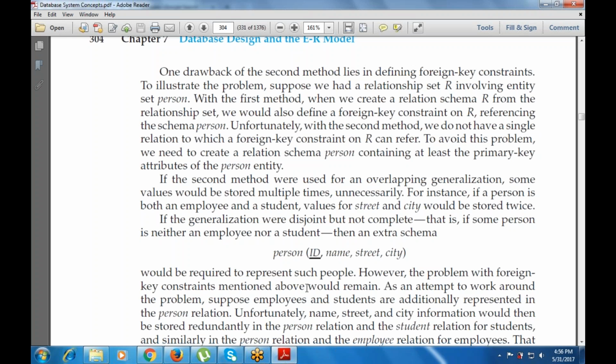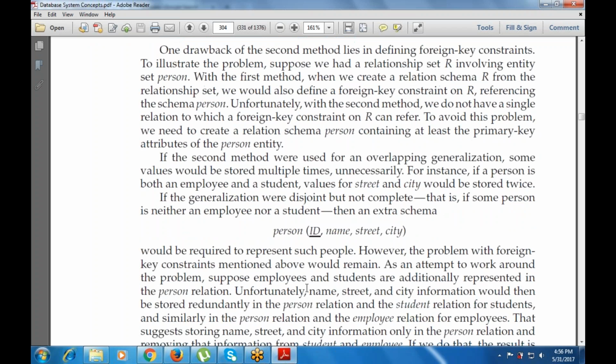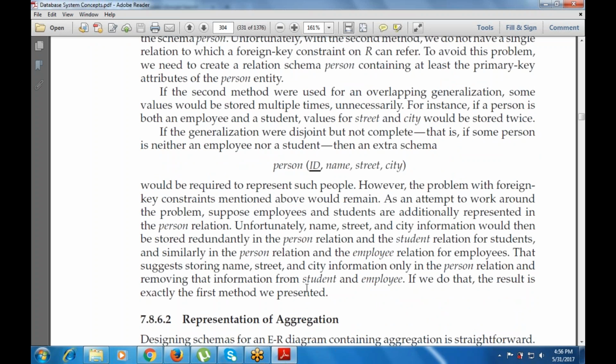However, the problem with the foreign key constraints mentioned above would remain the same. As an attempt to work around the problem, we require that the employee and the student are additionally represented in the person relation. Unfortunately, name, street, city would then be stored redundantly in the person relation and the student relation for students, and similarly in the person relation and the employee relation for employees.